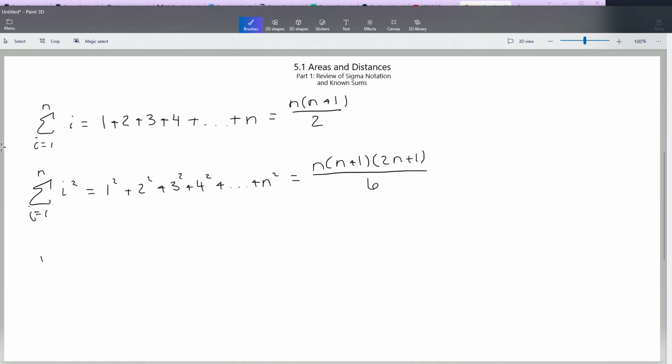Okay, now the last one, and this one isn't used as much, but it is still something that we might use during class, so I want to make sure we know the answer to this, is the sum of cubes, right? So we're going to have 1 cubed plus 2 cubed plus 3 cubed all the way up to n cubed, whatever n is.